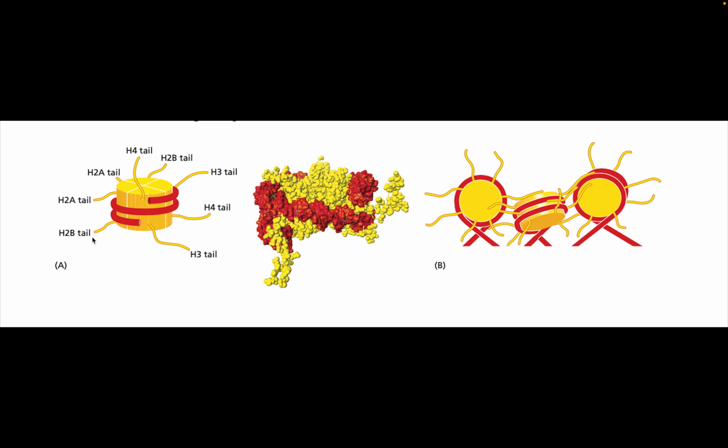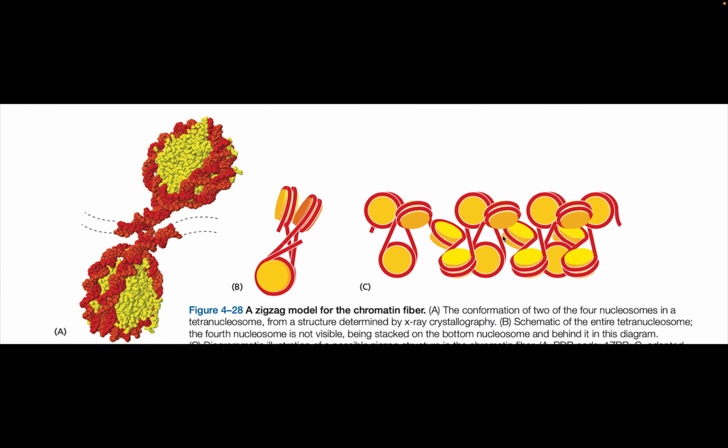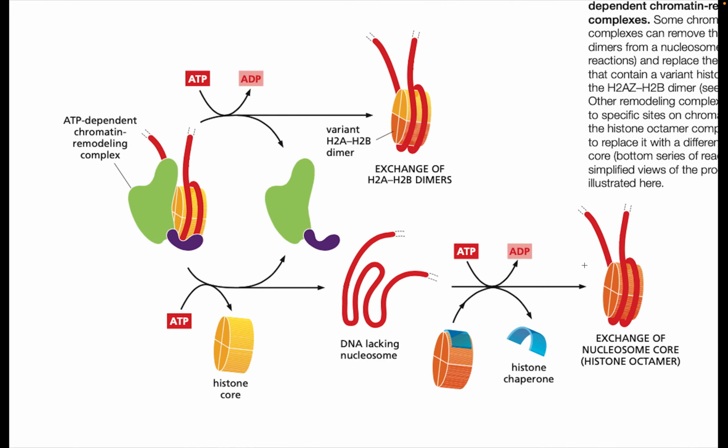This is where the modification happens, and these get modified in various ways during transcription and also during transcription suppression. And this is how the DNA is packed. This is chromatin, and it can be really packed tight. In heterochromatin, it can be coated with polymers.